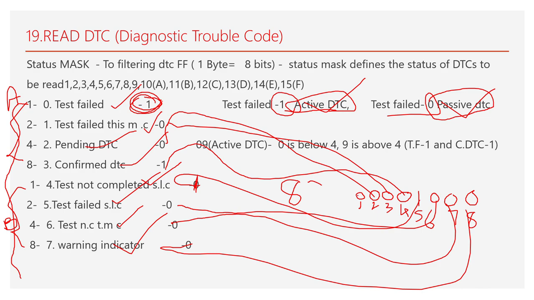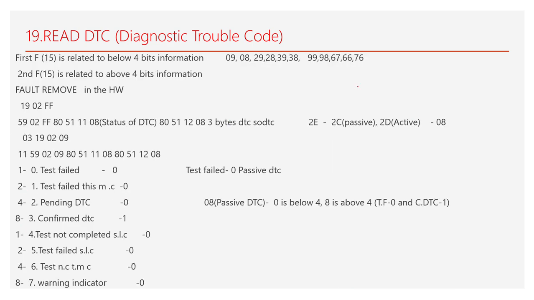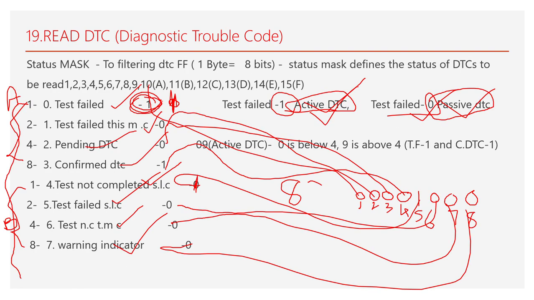So the test field bit is 0. What is the output? Passive DTC. We will get passive output. If you get 1, what will happen? If you get 1, then it is an active DTC. So these are the functionalities we implemented from the status mask.